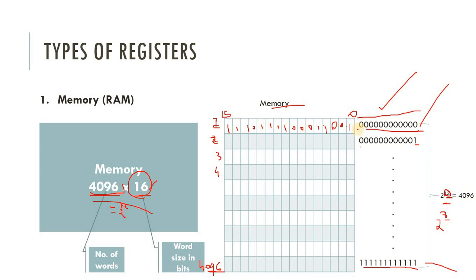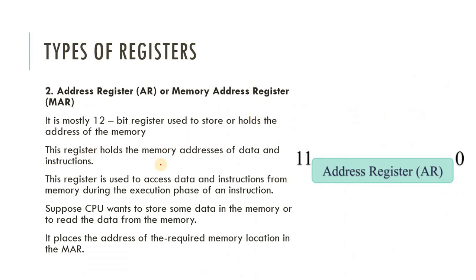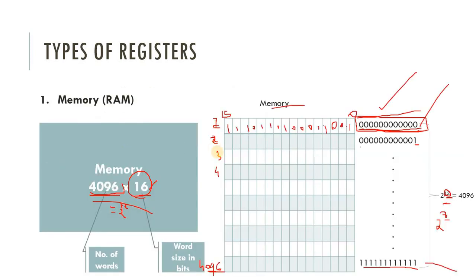We can fetch this data by using the particular address of the memory that is given. So here the address is all 12 zeros. So that is the address. The work of the address register is that it holds the memory address of the data and instructions. So here our data is stored at this particular address. The work of the address register means that in the address register only the addresses of the data are stored.